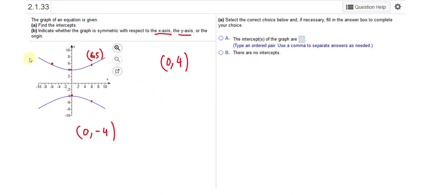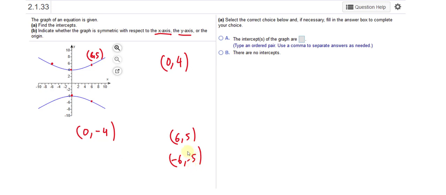What about the origin? If I have x and y to be 6 and 5, and the graph has symmetry for the origin, then I should get minus 6 and minus 5 also on the graph.